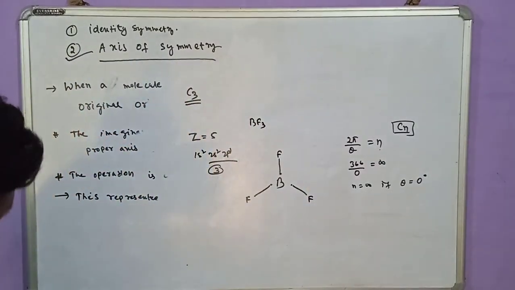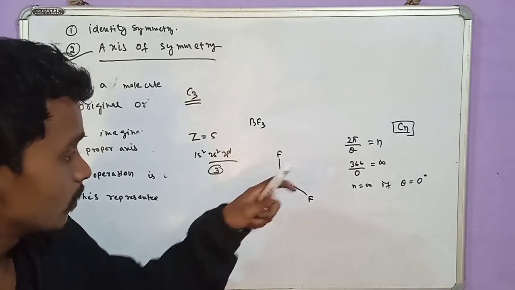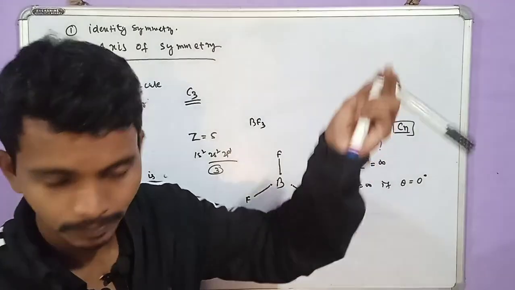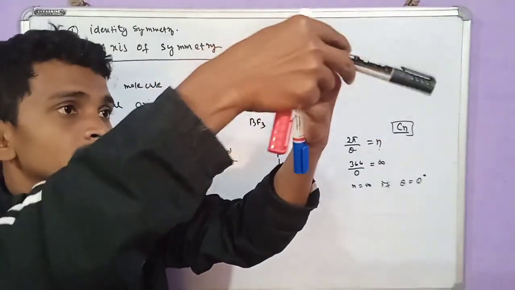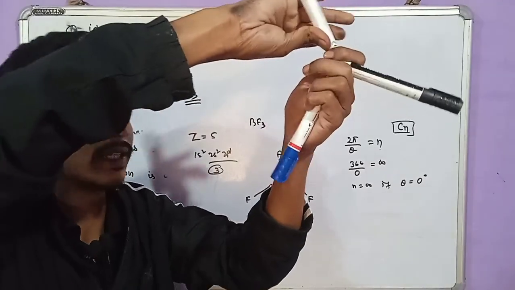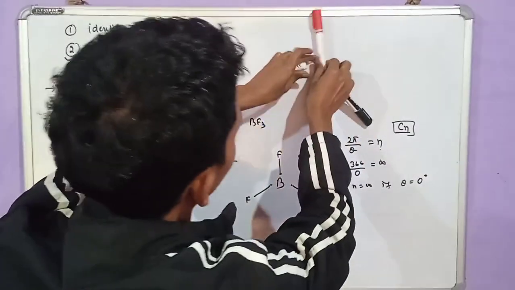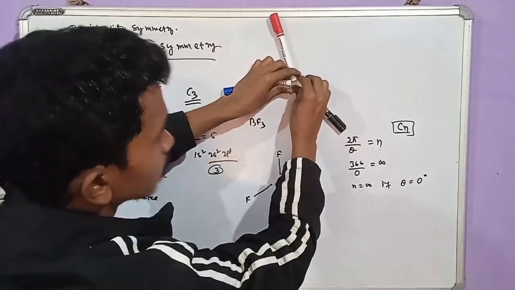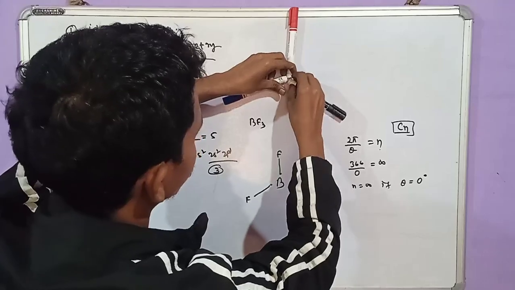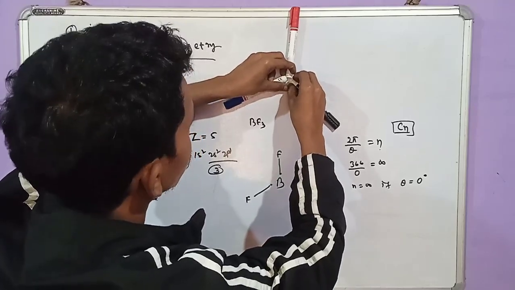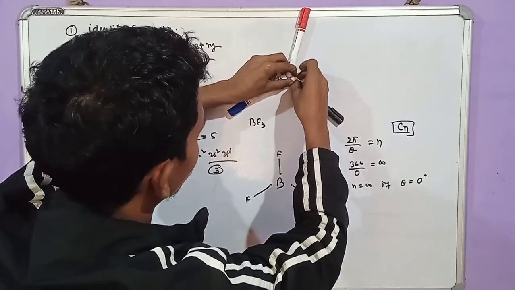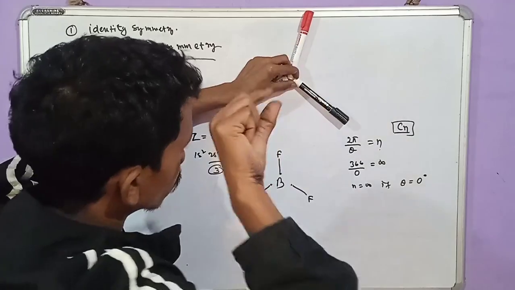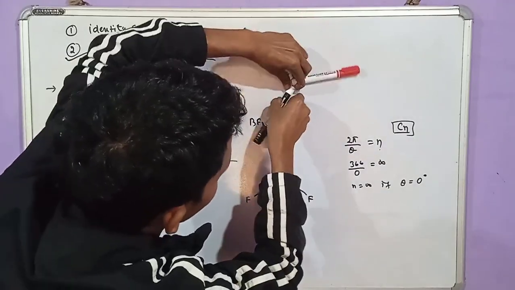If no lone pair is present, then these molecules will be in the plane. Okay, these molecules will be in the plane, fully in the plane. So here how will we rotate? If I pass a thread through here, then if I rotate the thread, this will rotate like this.